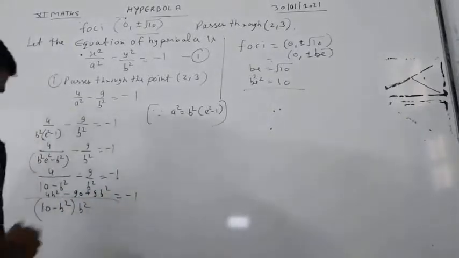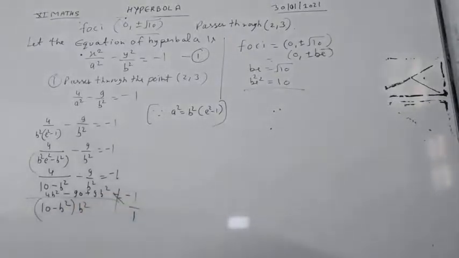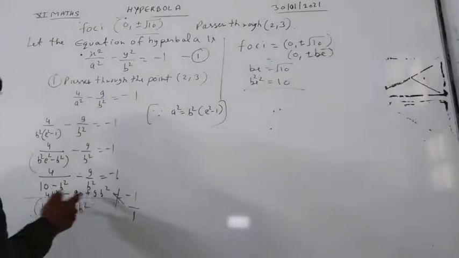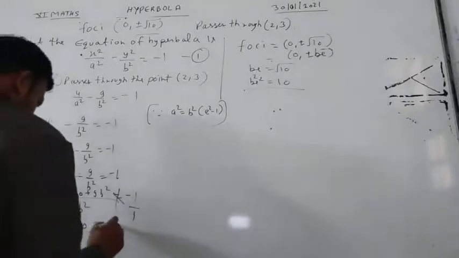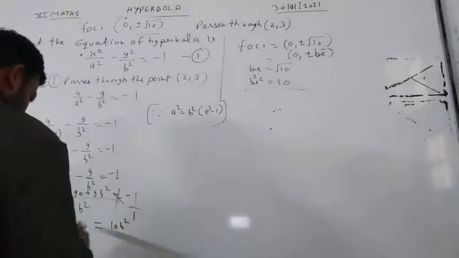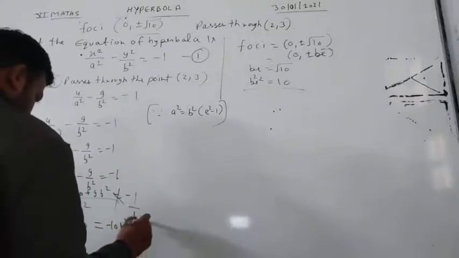Okay, students, so from here, when we do cross multiplication and multiply this, we get 13b square minus 90 is equal to 10b square minus b to the power 4.